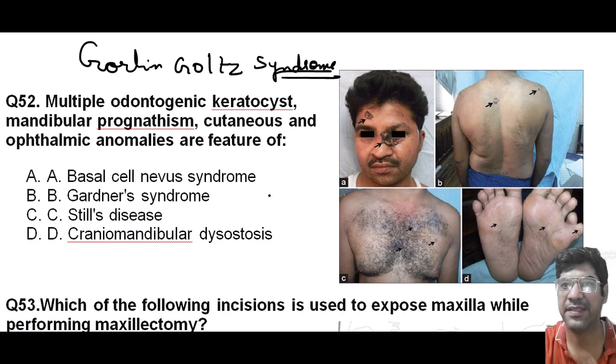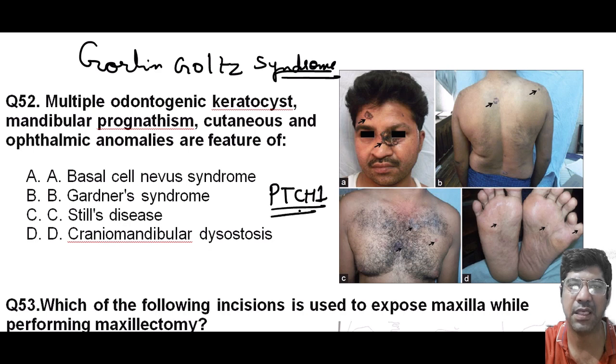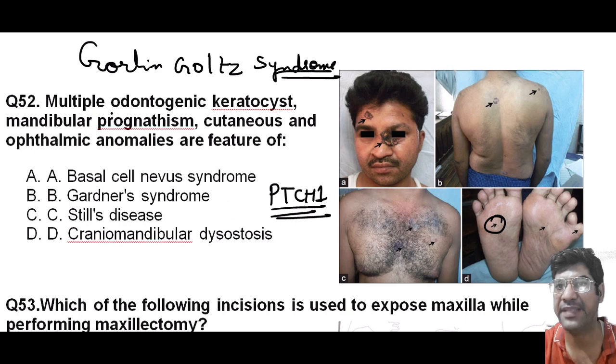Remember, this occurs due to a mutation in the PTCH1 gene. Other features include palmar-plantar pits, skeletal anomalies, and increased risk of basal cell carcinoma.